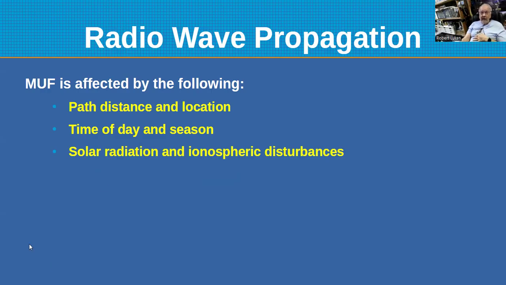And obviously, the amount of solar radiation and ionic disturbances are all affecting how active the D layer is. So the more active the D layer is, the more it's going to affect the LUF.